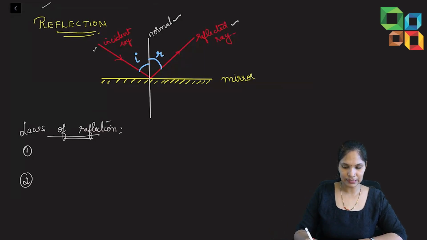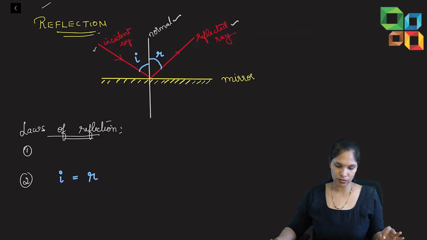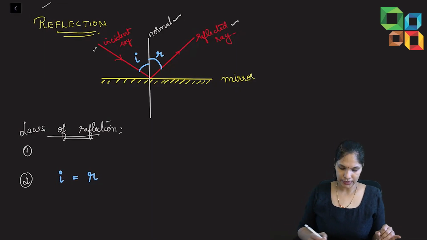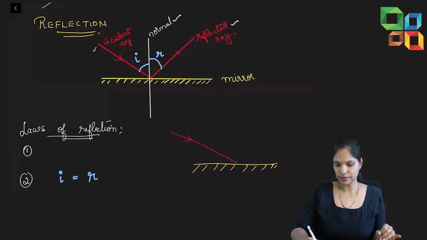The second one is a very simple one, and most students love this law. It says that the angle of incidence is equal to the angle of reflection. I is equal to R. So if you have a reflecting surface, say this is a mirror, and an incident ray comes like this, falling on the surface and making an angle of 60 degrees, then what will be the angle of reflection?